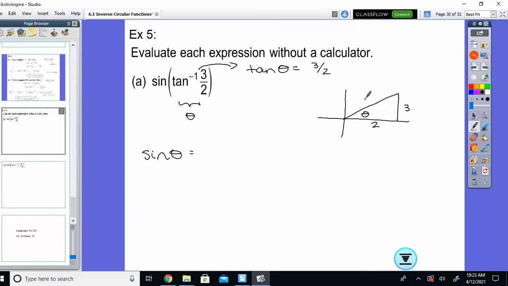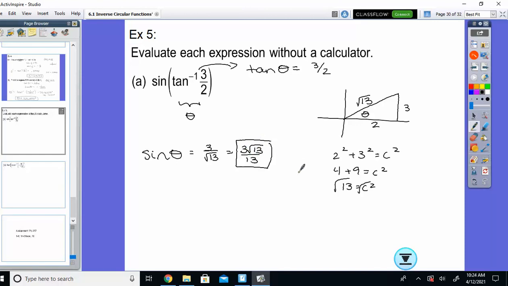Okay, could we find the missing side? Sure. Yeah, a squared plus b squared equals c squared. So I get my hypotenuse to be radical 13. So now all we need is sine from that angle. Sine is opposite over hypotenuse, so 3 over radical 13, which is 3 radical 13 over 13.